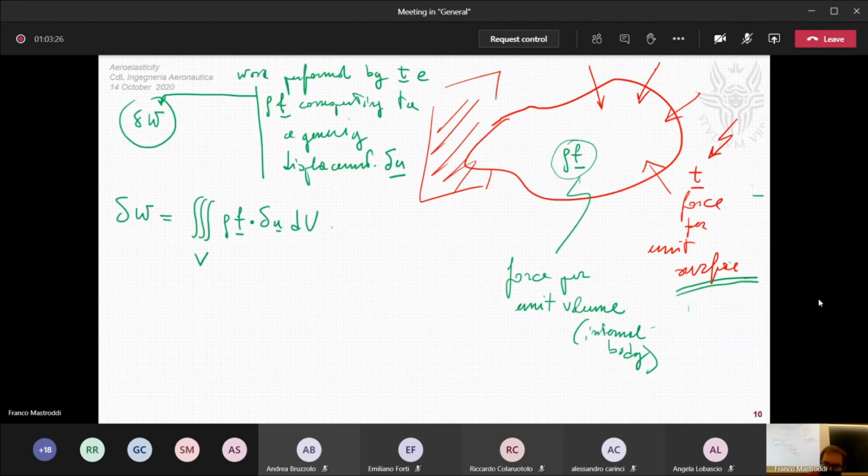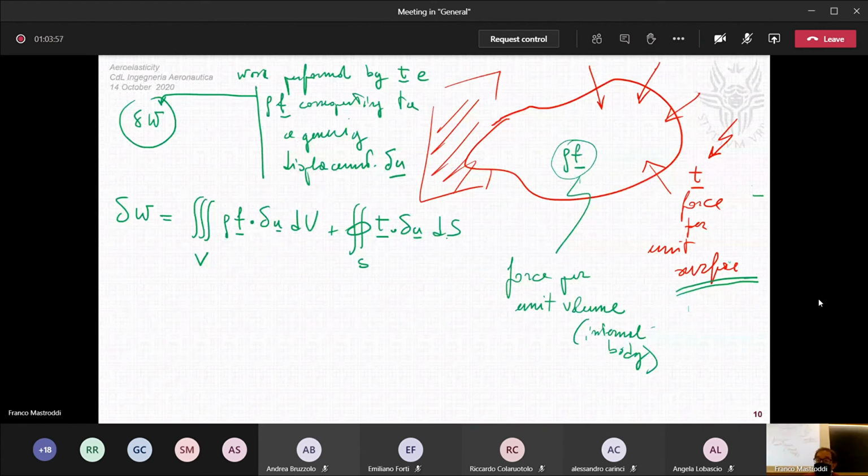The same on the surface: the integral on the surface S of the external surface force T per unit surface dot delta U. And that's all. This is the physical point of view. You have a vector field of external force performing a work on the elastic body.